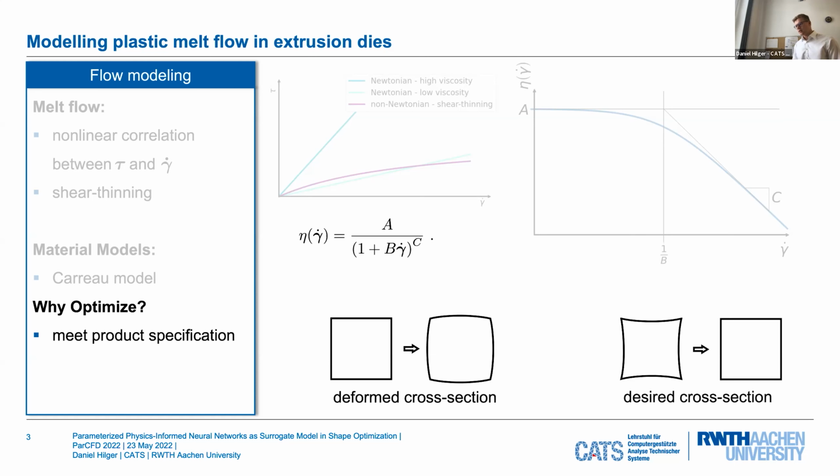So when we design our extrusion dies, what we actually want in the design process is this slightly deformed cross-section of the extrusion die, to in the end end up with the product-specific cross-section, here the square.